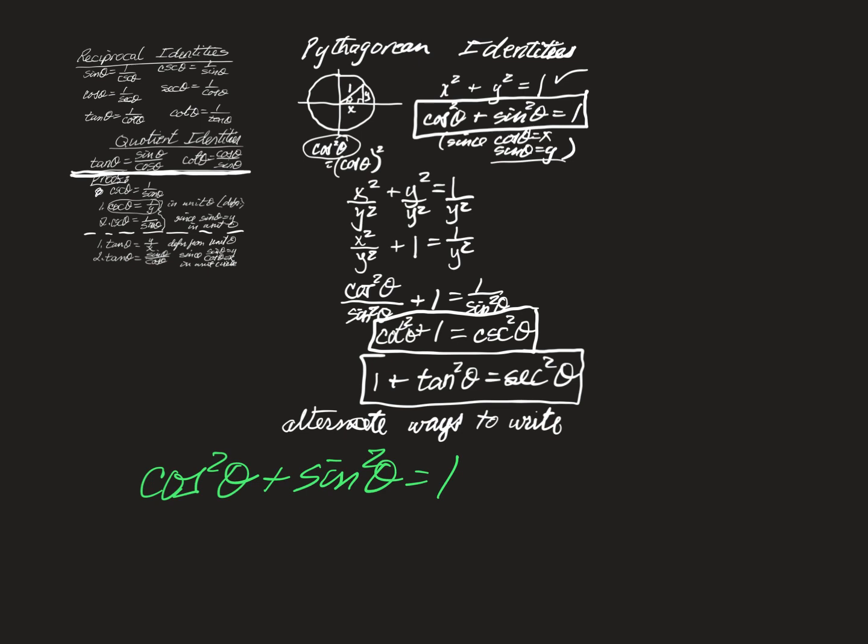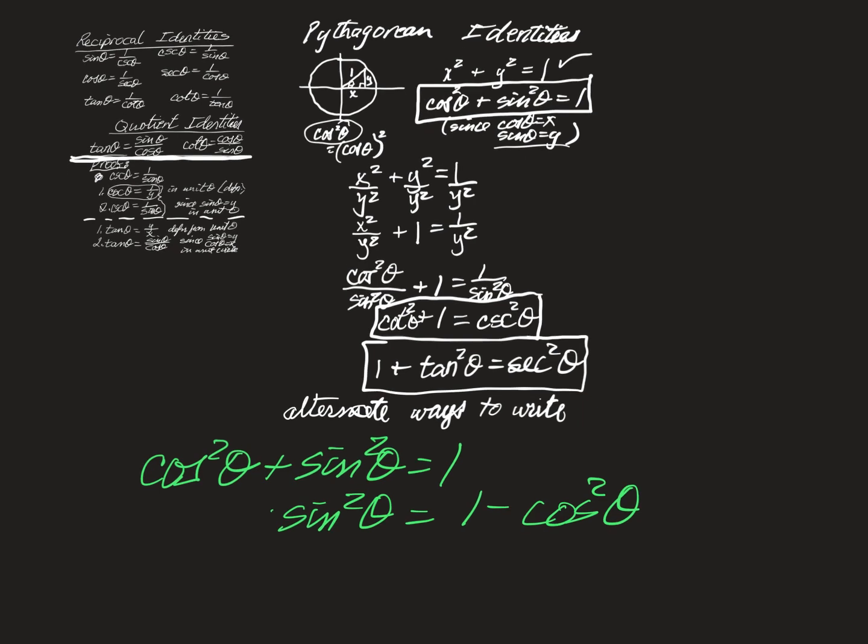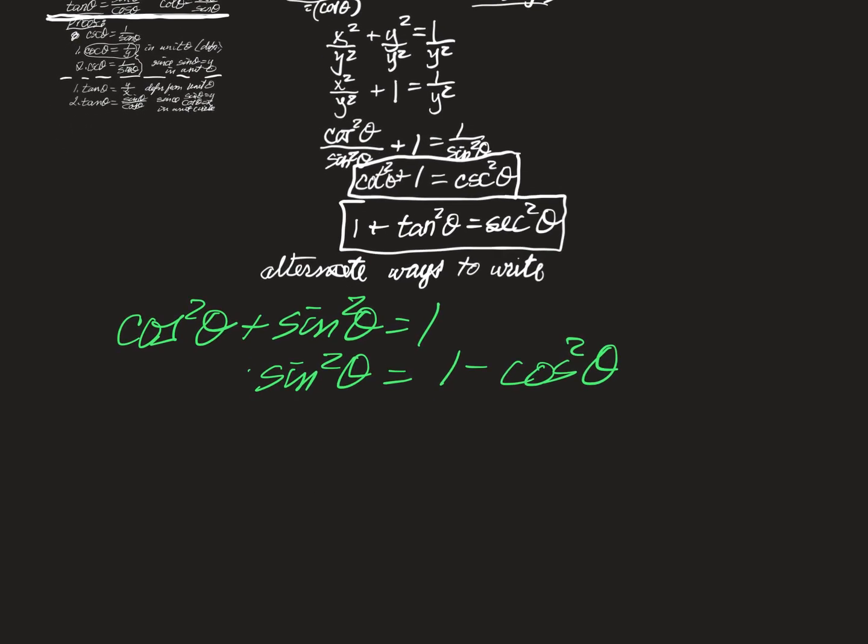So one of the things I could do is rewrite this as sine squared theta equals 1 minus cosine squared theta. Okay? Now I notice 1 is a perfect square and cosine squared is a perfect square.